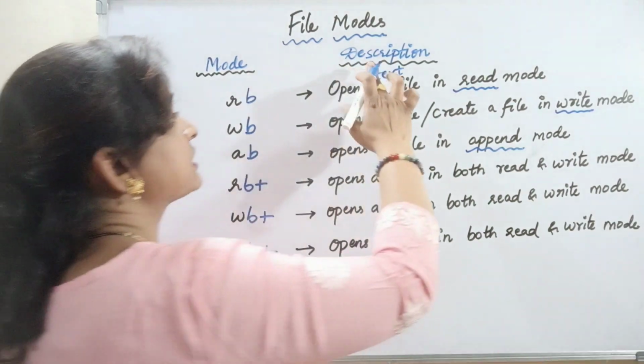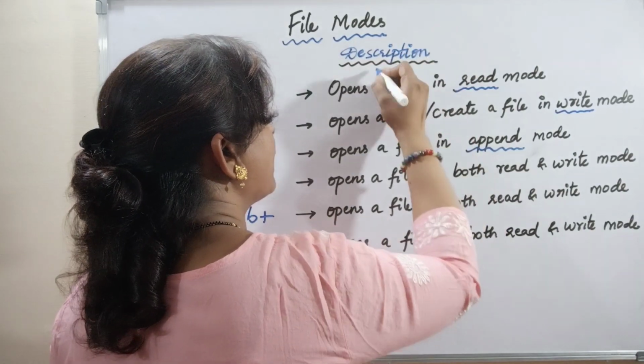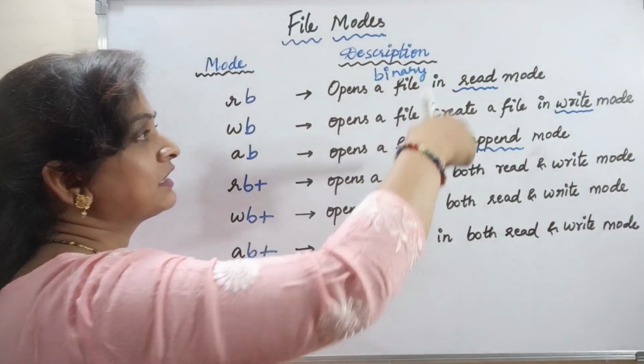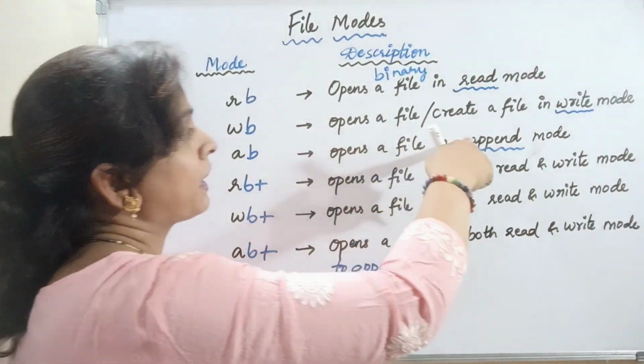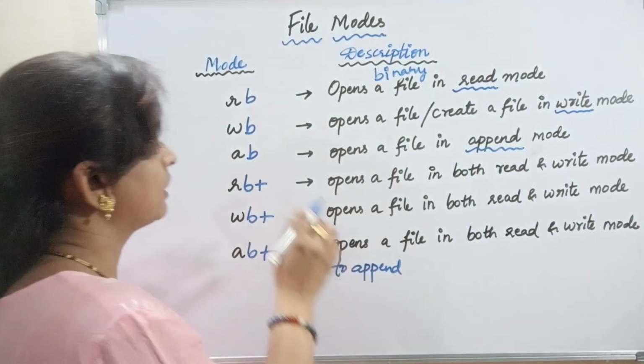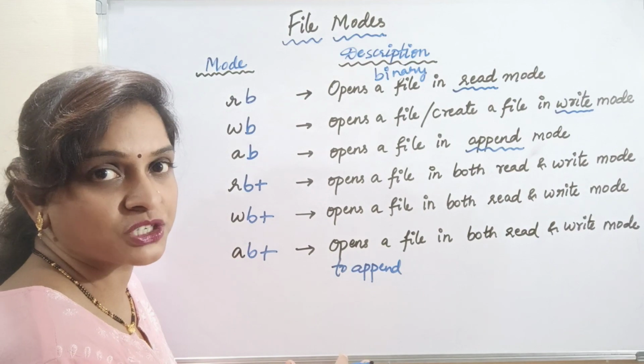B represents open a binary file. Open a binary file to read. Open a binary file to write. Open a binary file to append. Open a binary file to perform both read and write operation.